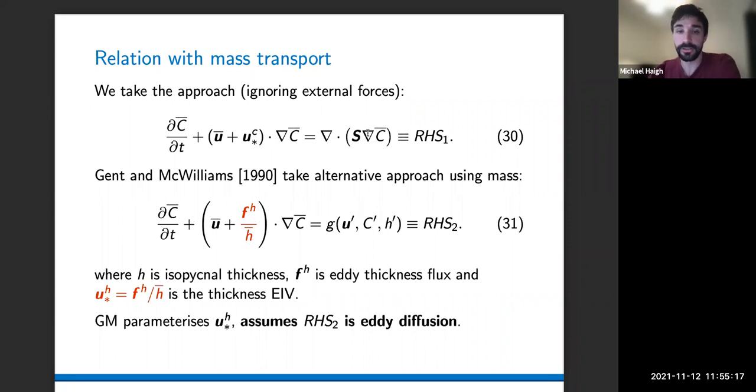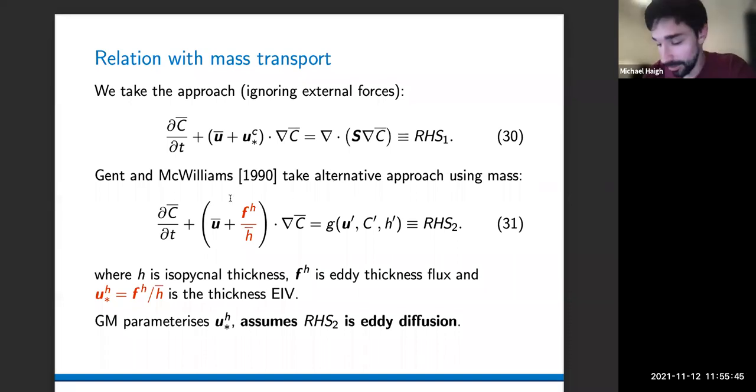You have to make sure that your diffusion scheme and your advection scheme are consistent with one another. If, for example, you are implementing the Gent-McWilliams parameterization based on parameterizing this eddy-induced velocity, then you don't want to then parameterize this diffusion tensor, because evidently these diffusive effects on the right-hand side are not likely to be the same as these diffusive effects here.